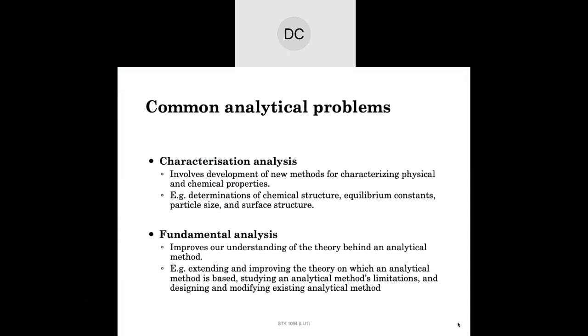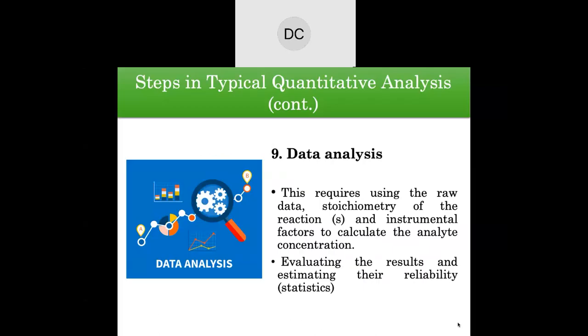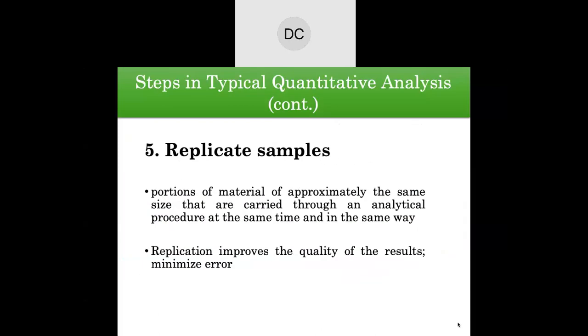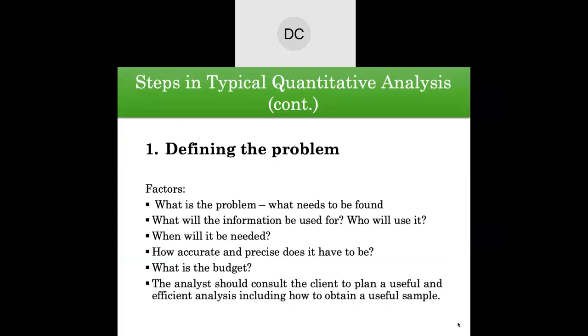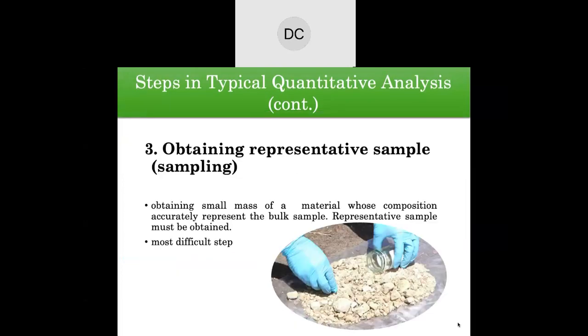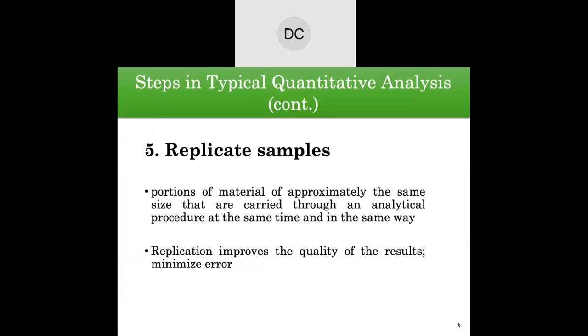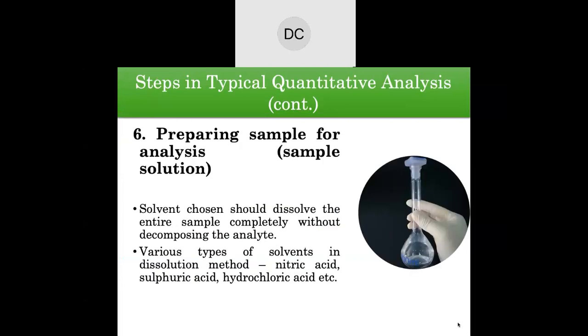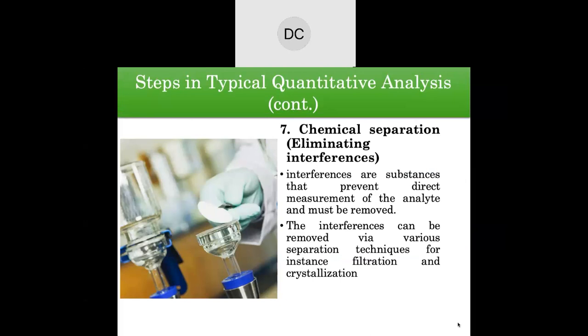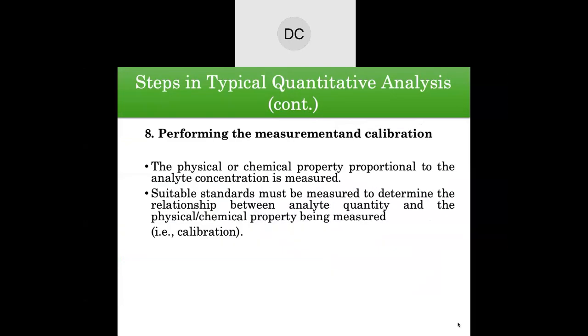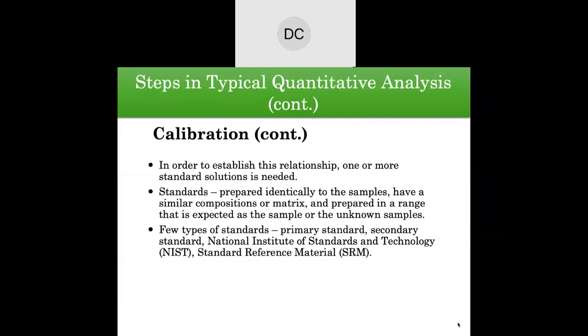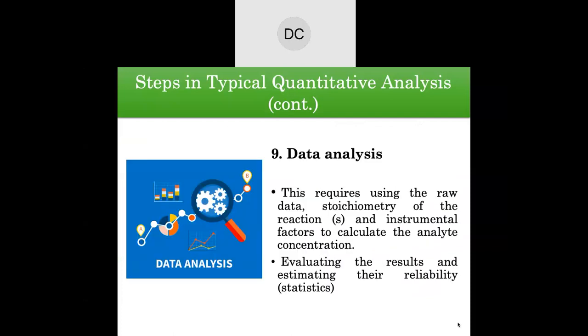Okay. And habis dah 9 step tadi, kena ingat 9 semua tadi yang define the problem, method selection, sampling, preparation of laboratory sample, replicating, preparing sample for analysis, eliminating chemical separation which limit all the inferences, perform the measurement and do the calibration, and lastly to analyze the data that you have now.